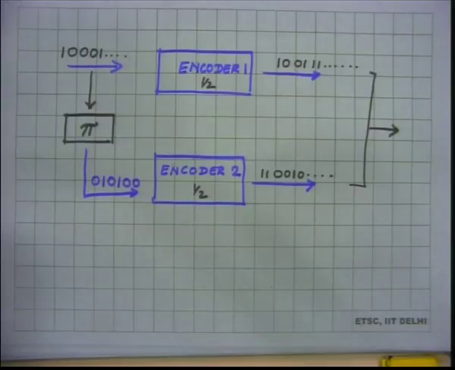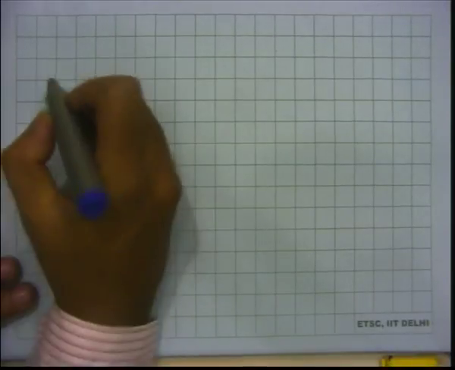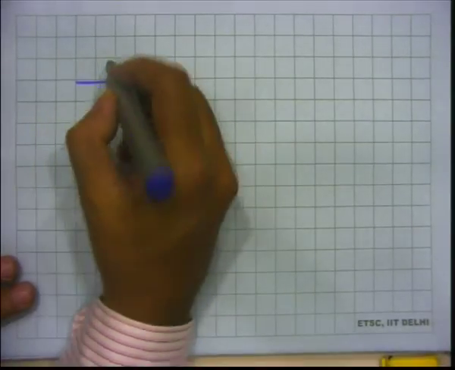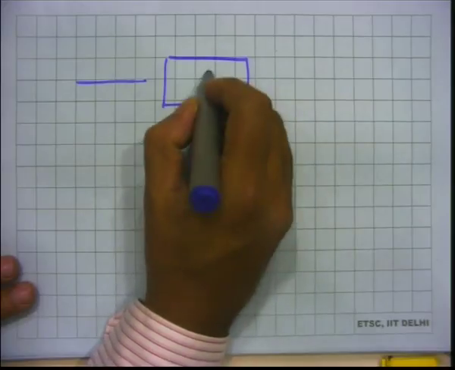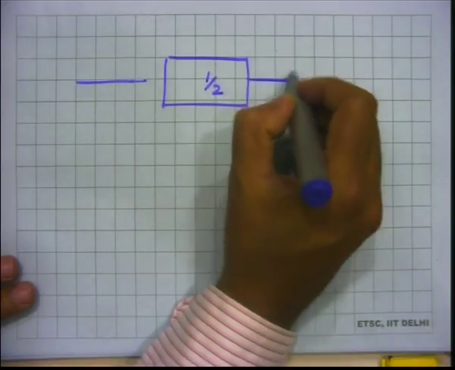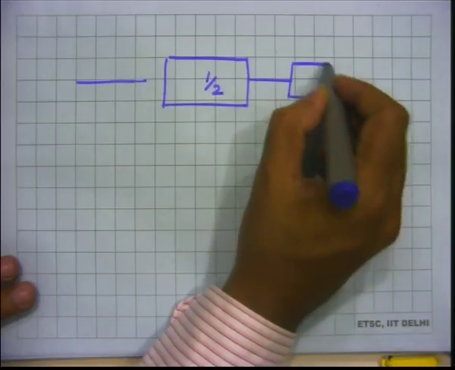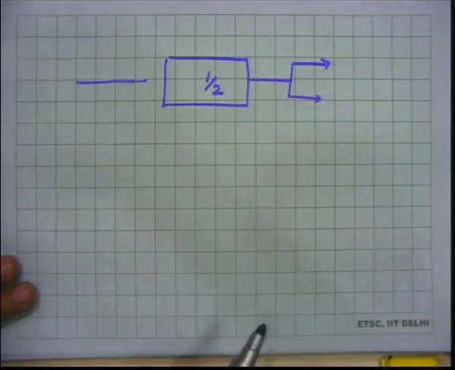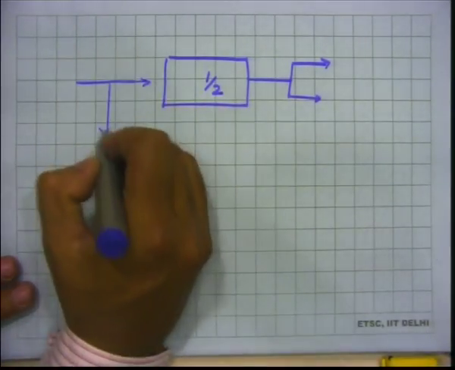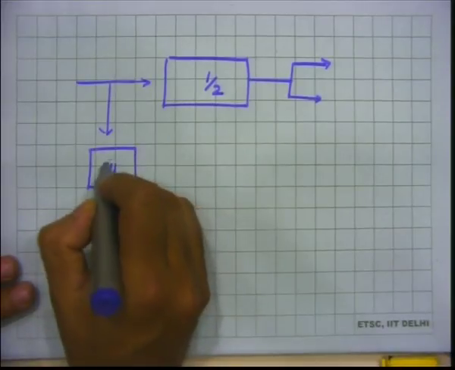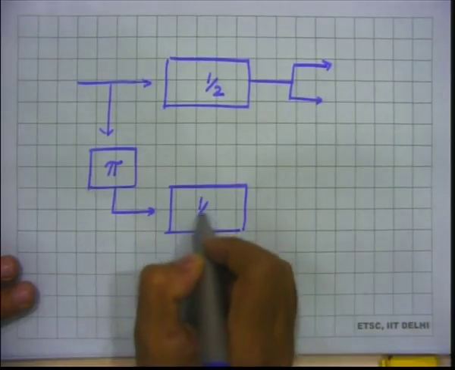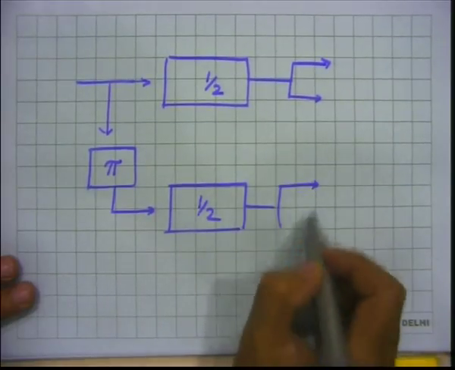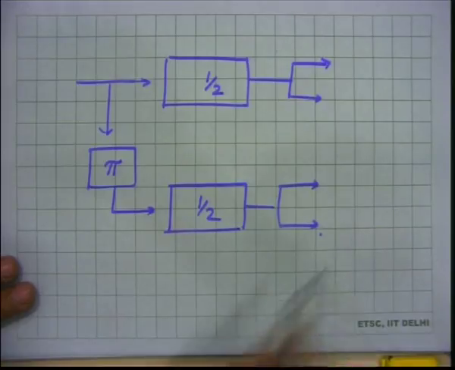So, if you look at this a little bit more carefully, you have now an input to an encoder which is, suppose, rate 1 by 2. So, you will have an output which has 2 bits out, but this goes through an interleaver and goes through another encoder, again rate 1 by 2, again it has 2 bits coming out of here.